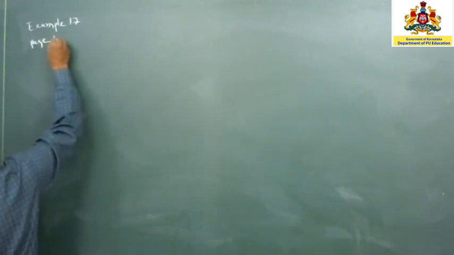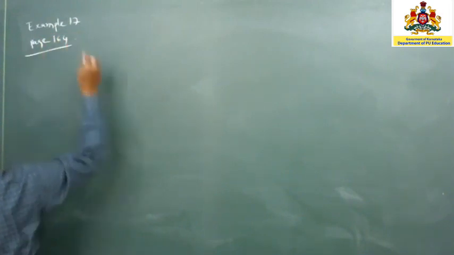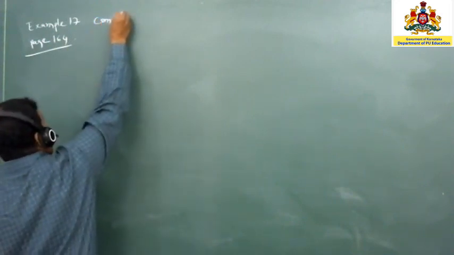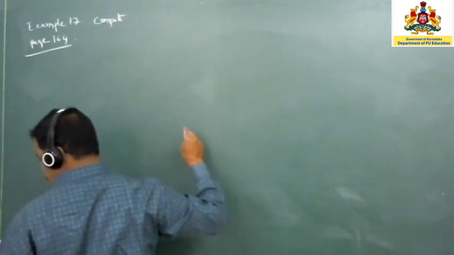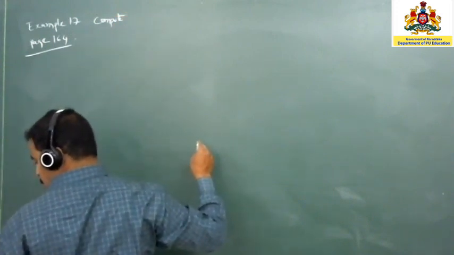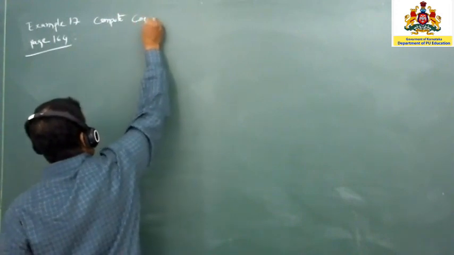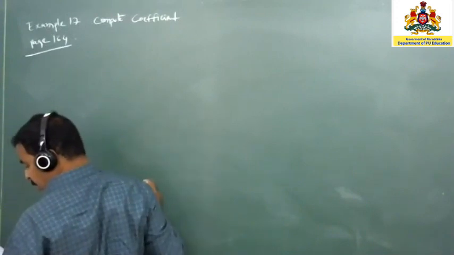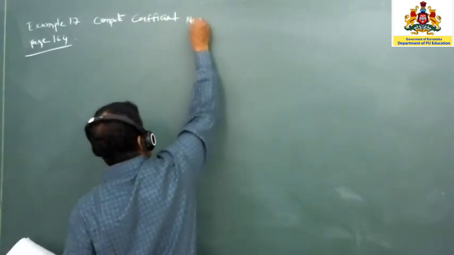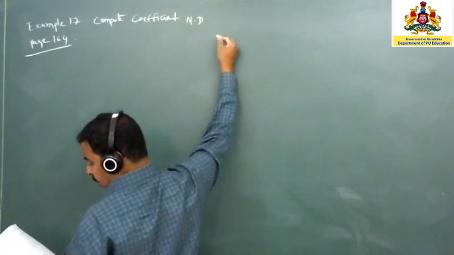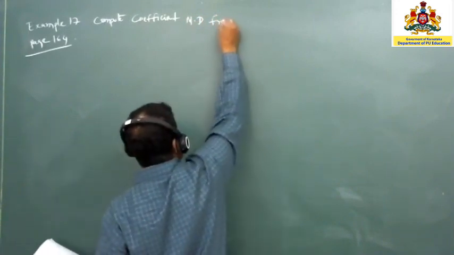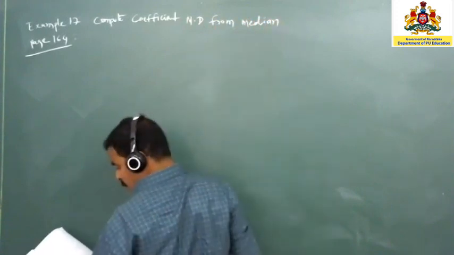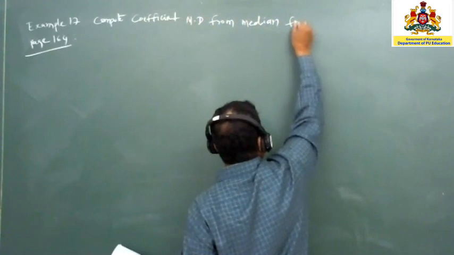The sum is given as: compute the coefficient of mean deviation from median for the following distribution.